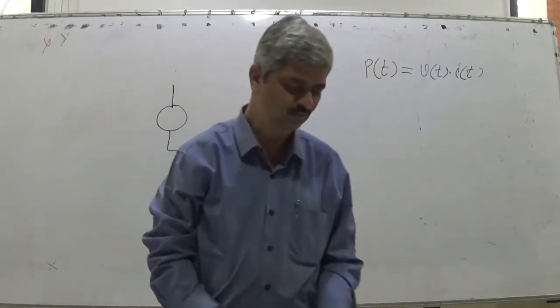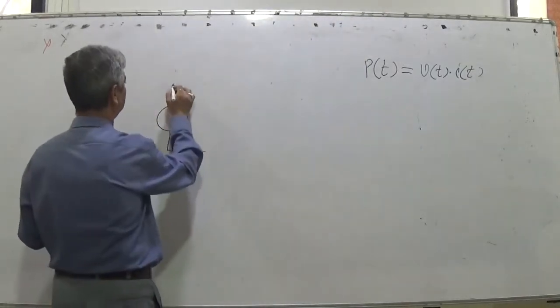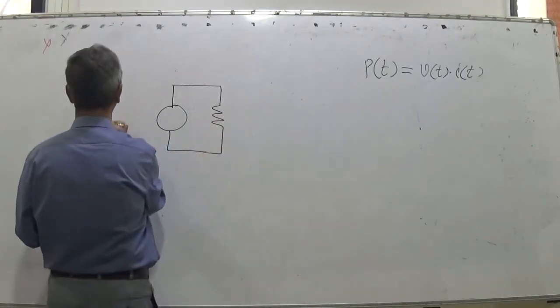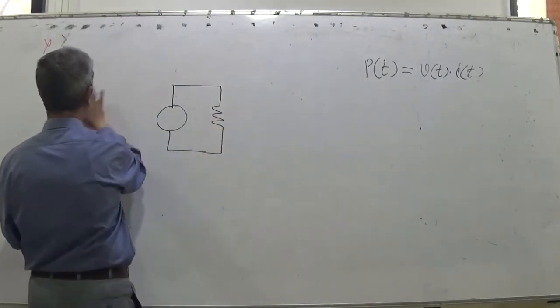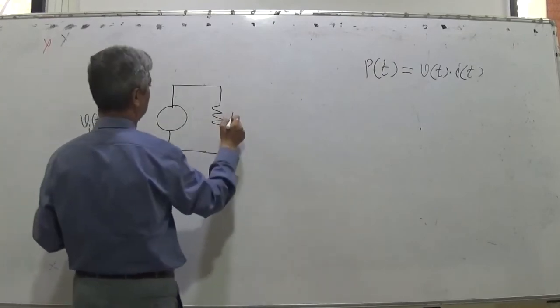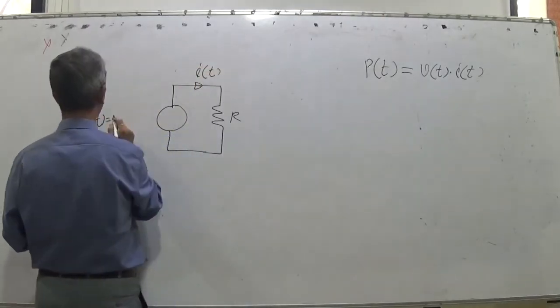Power is voltage into current. So if I have v(t), this is R, this is i. What is v(t)?